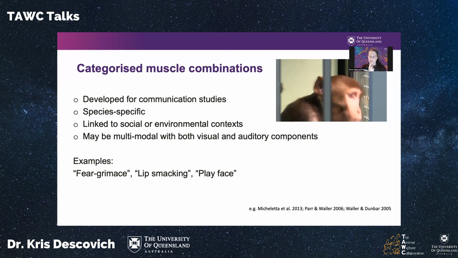So for example, we see the macaque in the clip. This macaque is giving a lip smacking behavior. And other examples of these kinds of label combinations are things like fear grimace and also play face. Now, these muscle combinations can also be multimodal. And so if an animal is, say, vocalizing, that vocalization can have both a visual and an auditory component.